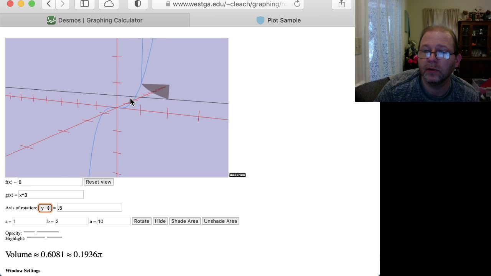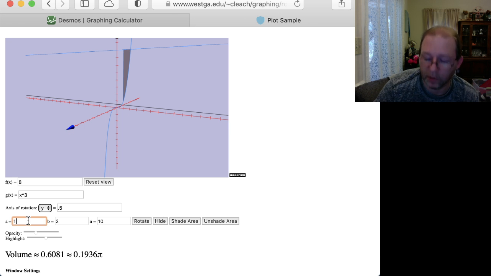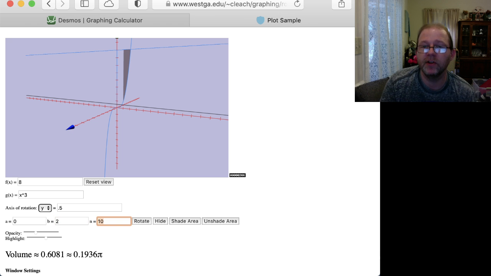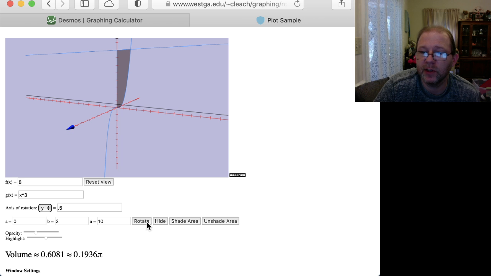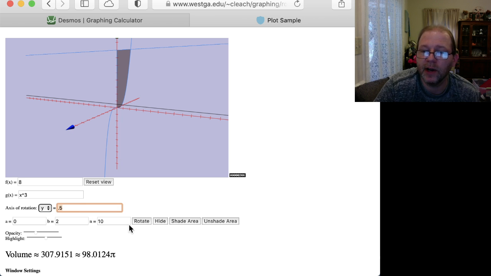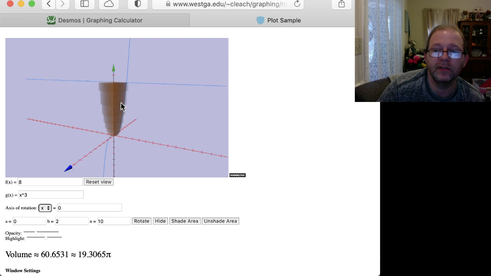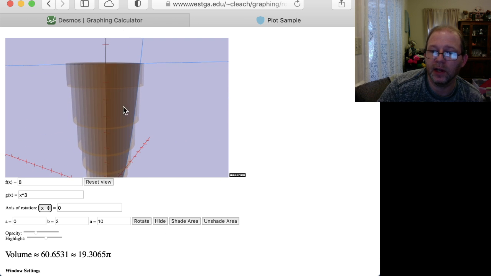And so we were looking at the area from 0 to 2, because we have to put everything in terms of x. If we shade that area, we took that area and rotated it around, that's not right. We rotated around the y-axis. Well, the y-axis is the line x equals 0. If we rotate around there, we get this, which is exactly the thing we were looking at.